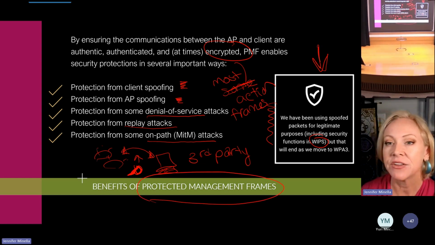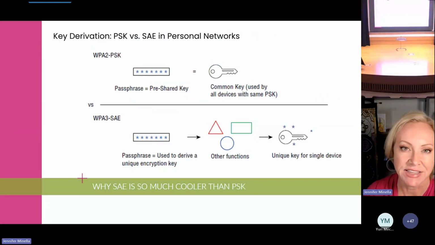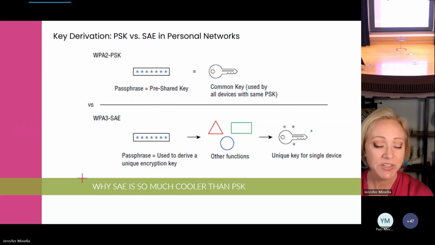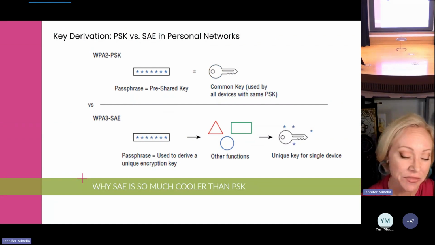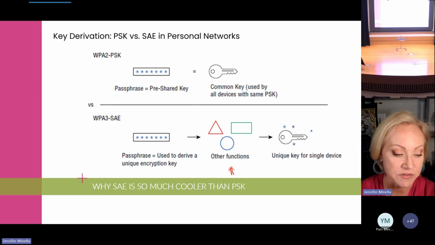So let's go back to that whole PSK versus SAE thing. And this is something that gets me really excited. This is a very simplified graphic because they don't actually share exactly what they're doing here in these other functions.